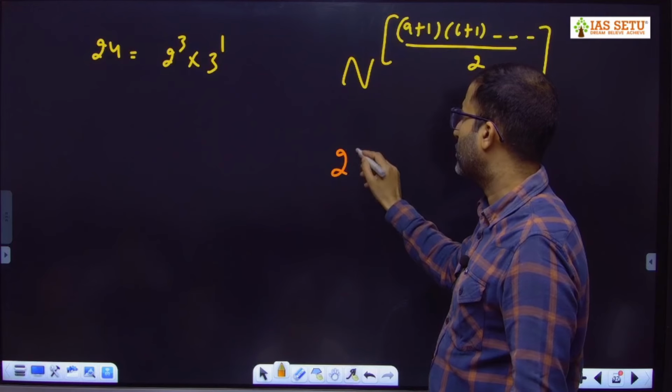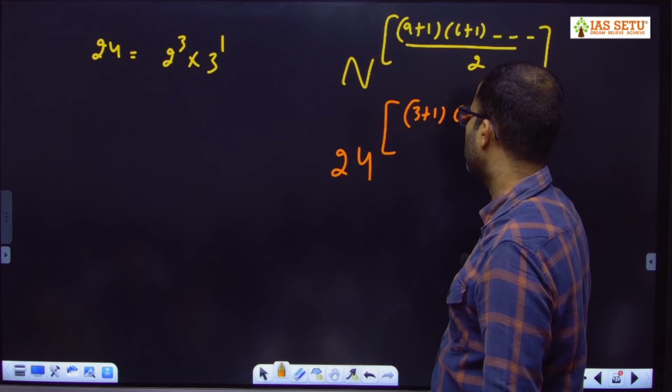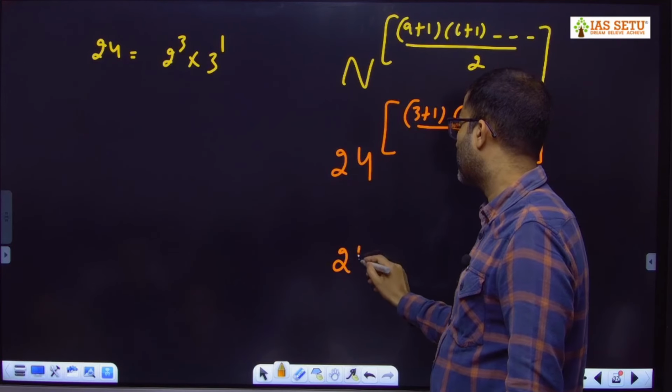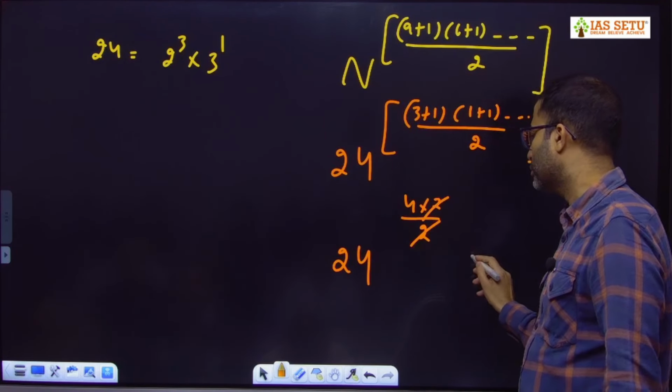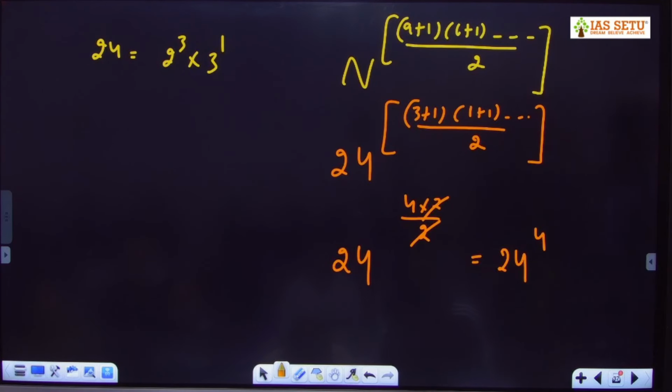So here it is 24 to the power (3 plus 1) into (1 plus 1) divided by 2. So it is 24 to the power 4 into 2 divided by 2. 2 cancels 2. 24 to the power 4.